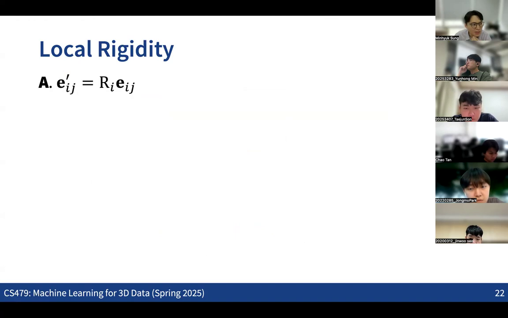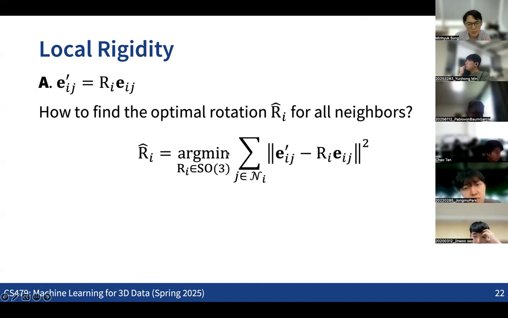So here the idea is that we are looking for a rotation that can represent the transformation for all the neighbor vertices, right? The way we can find such an optimal rotation for each neighborhood might be by solving a least squares problem.